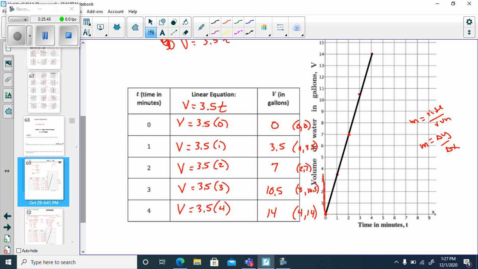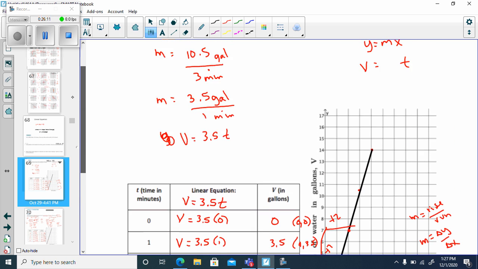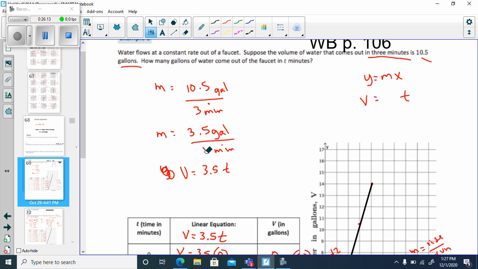On the y-axis, we are going up 7, and over what? 2, up 7 over 2. My slope is equal to 7 over 2. Could I divide that? What is 7 divided by 2? 7 divided by 2 would give me 3.5, wouldn't it? My slope is 3.5. Volume is equal to 3.5 times t.